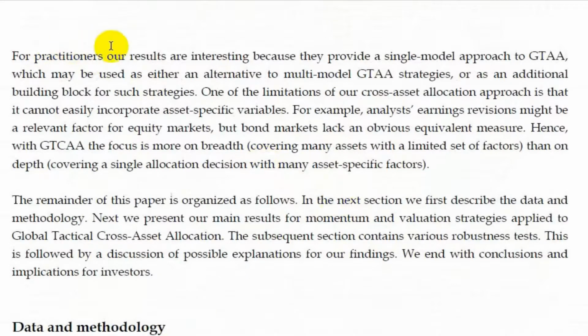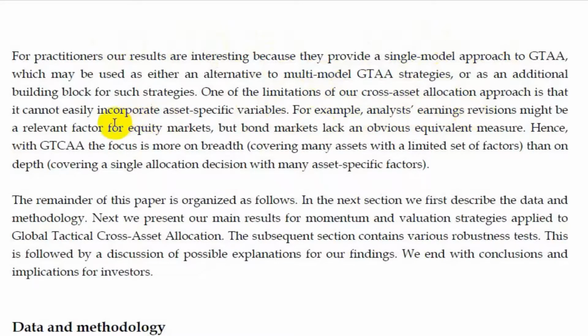And so for practitioners, their findings are good because it provides a single model approach rather than the building block model, which we discussed at the beginning. The only thing that might be tough is that it's hard to have a specific variable across all of the asset classes.